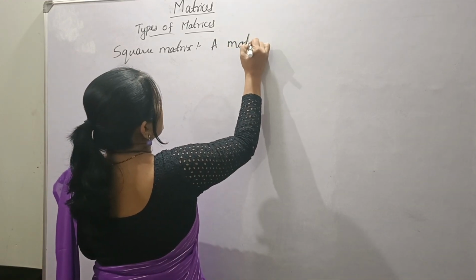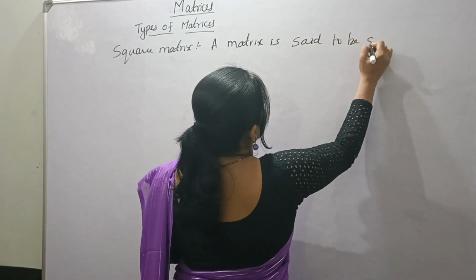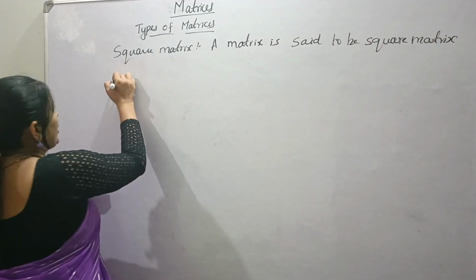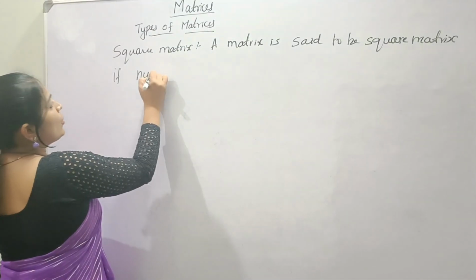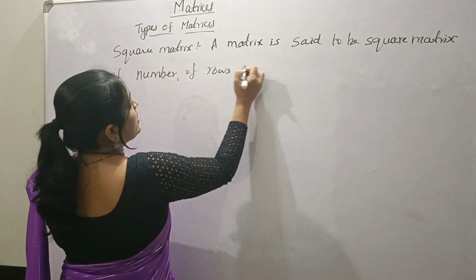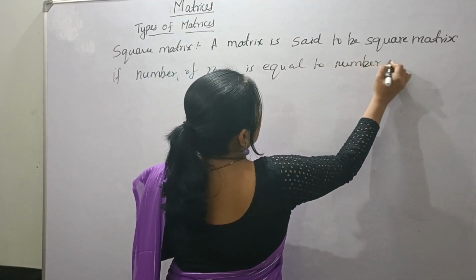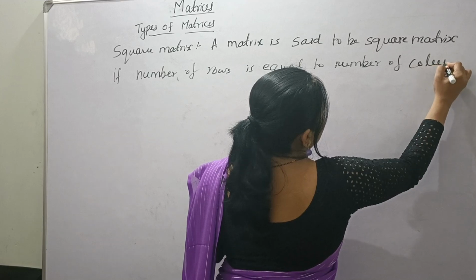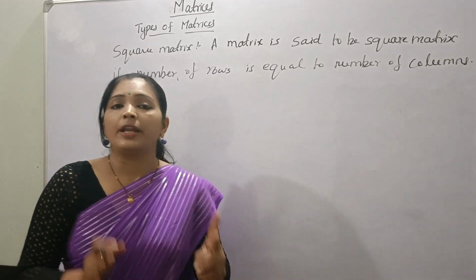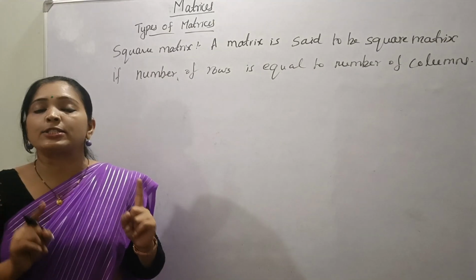A matrix is said to be square matrix if number of rows is equal to number of columns. Okay, so if a matrix in which number of rows is equal to number of columns, this matrix is called square matrix.